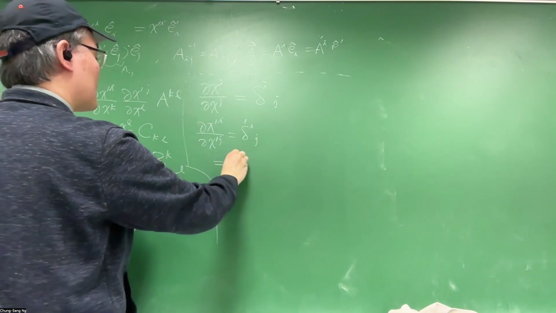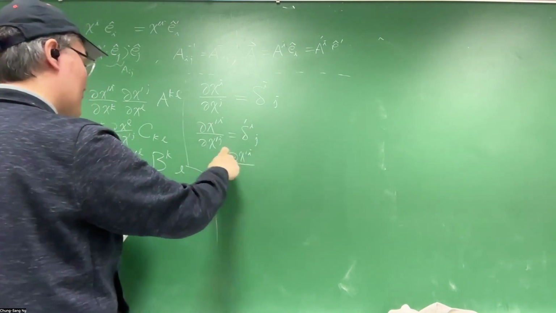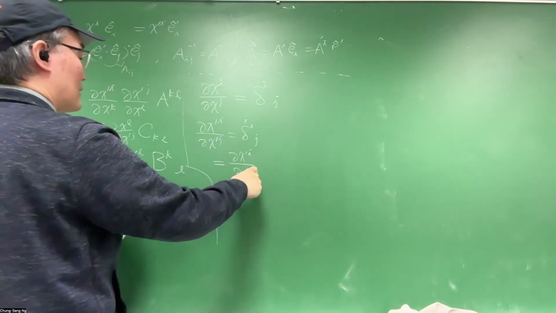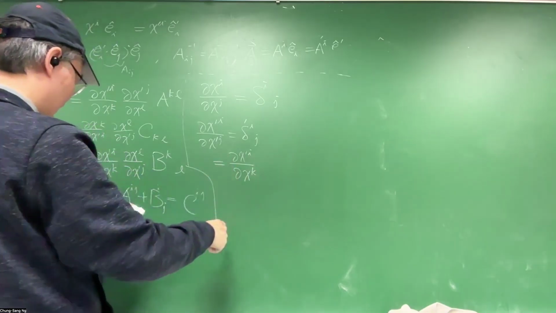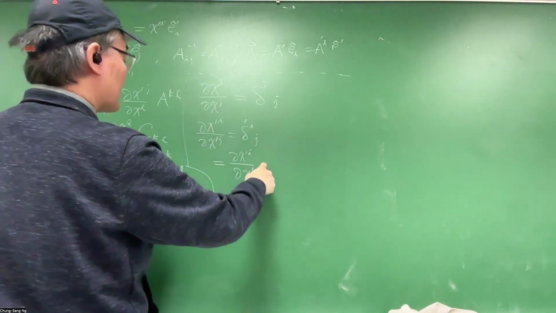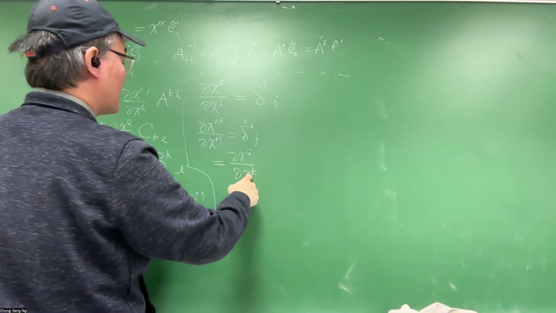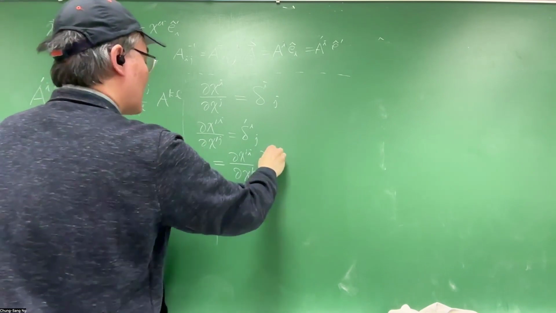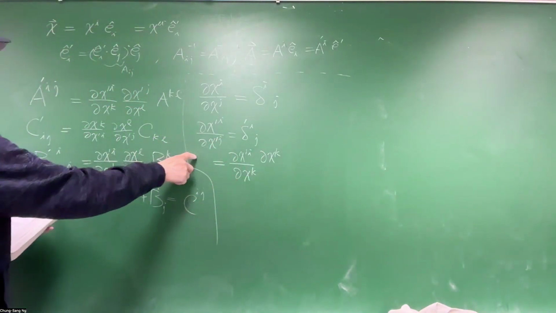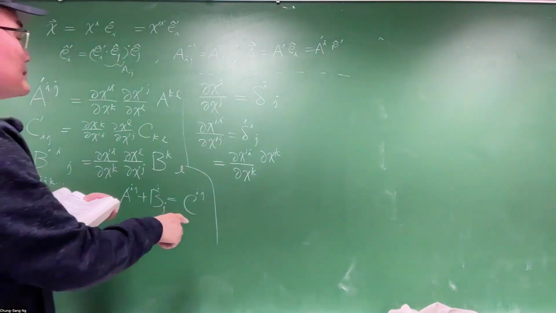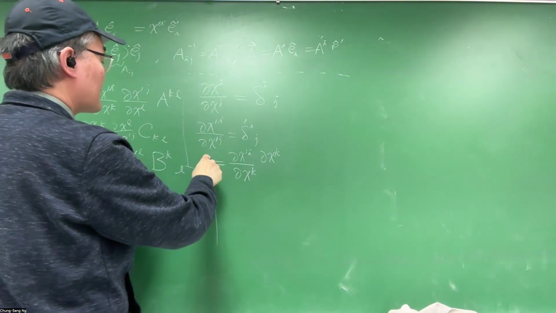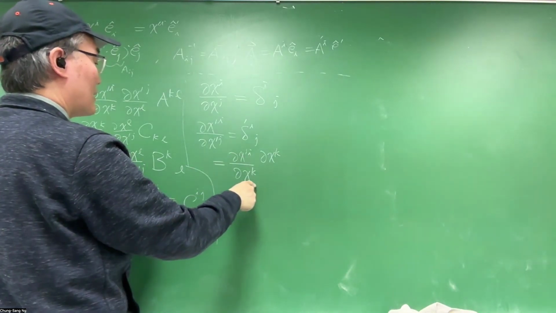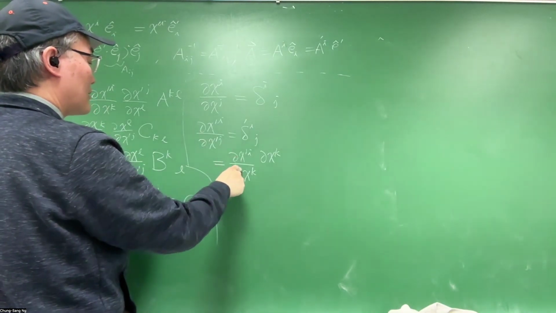Partial x prime i over partial x k, and the derivative of this becomes partial x k over partial x prime j, summing over k, by the chain rule.